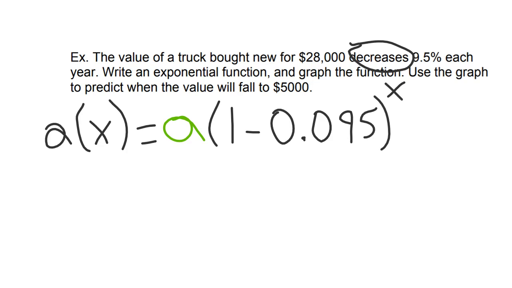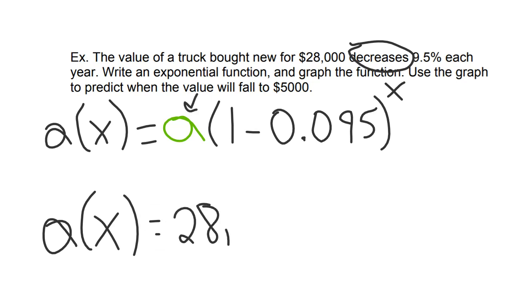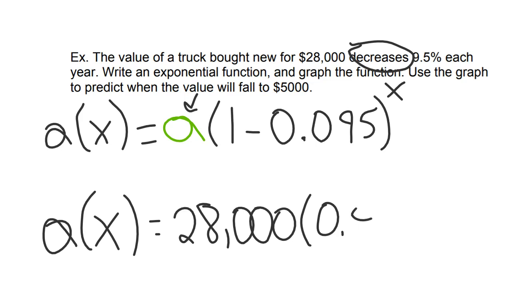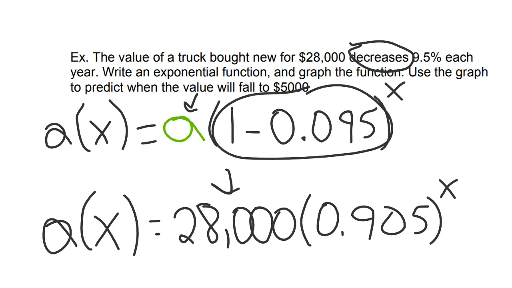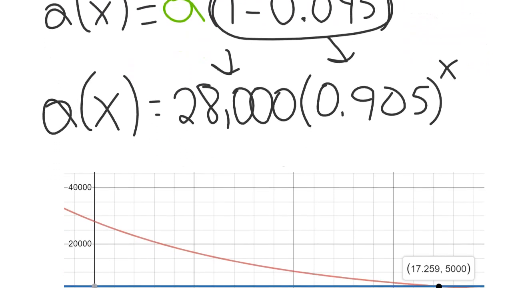So if I want the entire function here, I would say a of x equals the initial value, 28,000, times 1 minus 0.095, which would give me 0.905, and that whole thing is raised to my exponent here. So all I needed was my initial value, and I've got my 1 minus my rate, and that gives me my exponential decay function. If we want to find when this truck's worth $5,000, we can look at the graph.